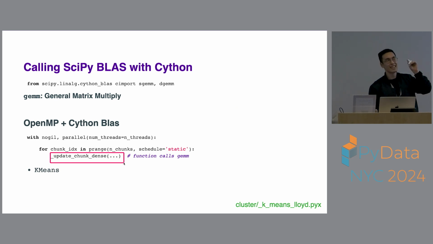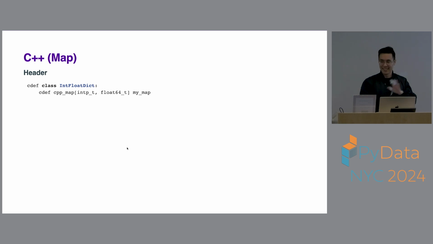We're using OpenMP for parallelizing, and then for each thread, we're calling a Cython BLAS function, which is the optimized version of matrix multiply. So we can mix and match these things together. This is in k-means. This is a quick overview.